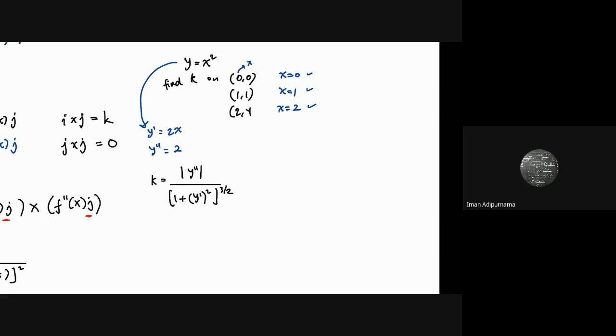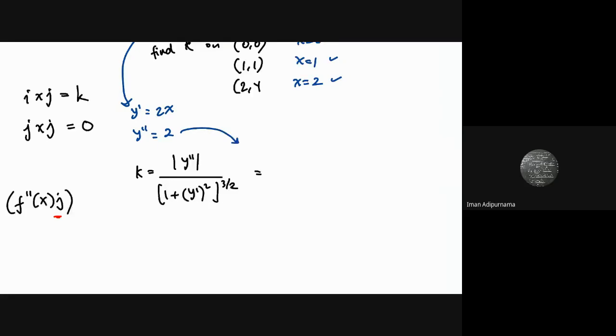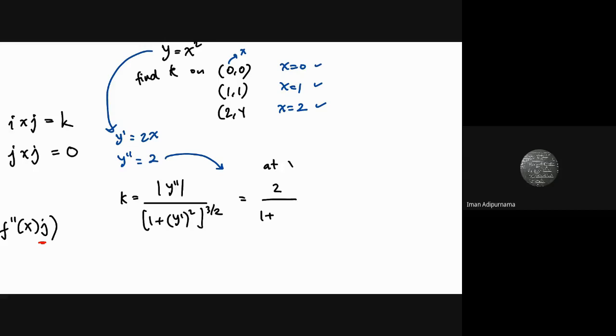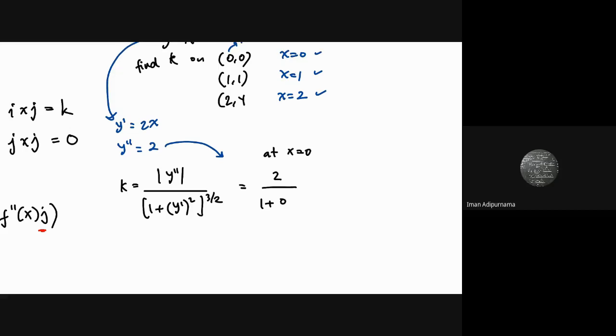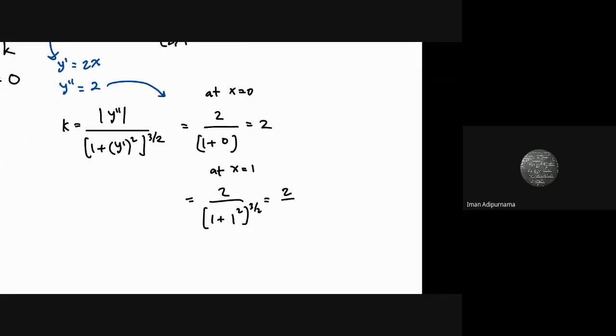The next thing is we just input our numbers inside the formula. So the y double prime is just 2, over 1 plus 4x squared to the 3 over 2. At x equals 0, it will be 0 in the denominator, so it's just 2, right? And the next is at x equals 1, so we input 1 plus 4 and 3 over 2.